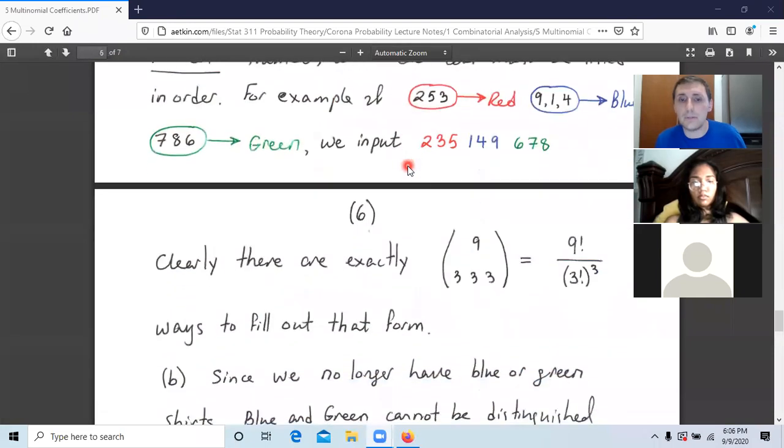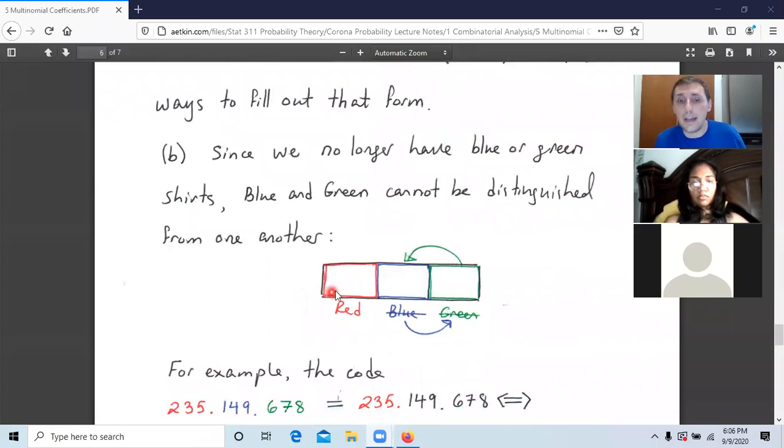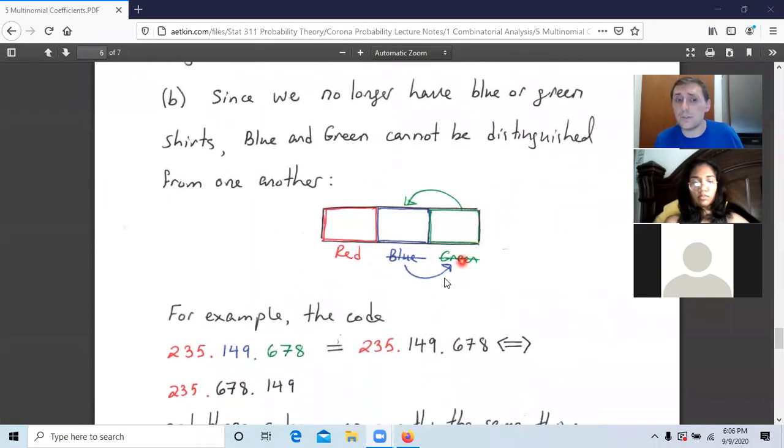Now, what happens when I apply the Kafka form to the new problem? I have the same boxes, but I cross out green and blue. So that's no longer a different category. When I cross it out, I can still put the same codes as before. I can put the code 2, 3, 5, 1, 4, 9, 6, 7, 8.